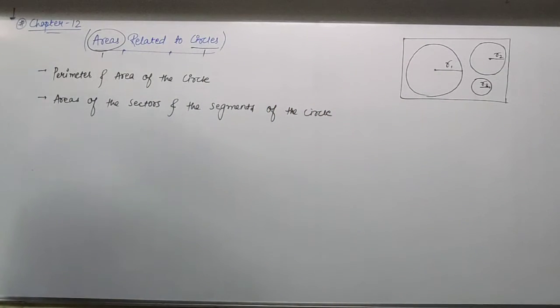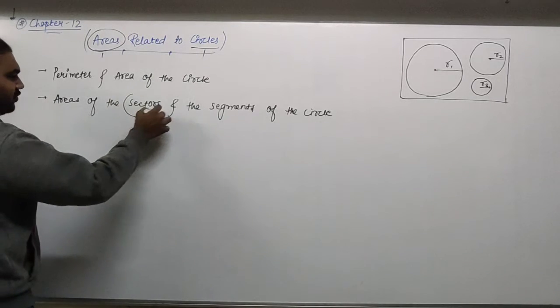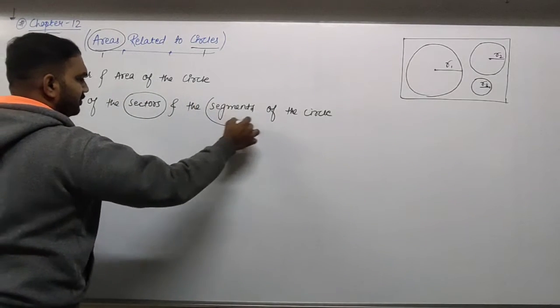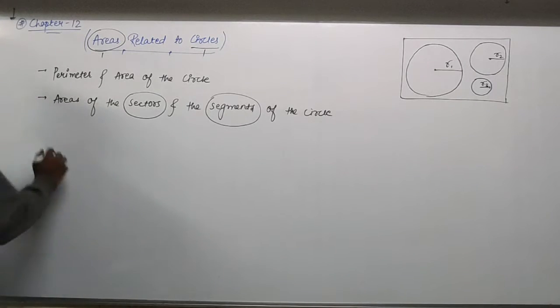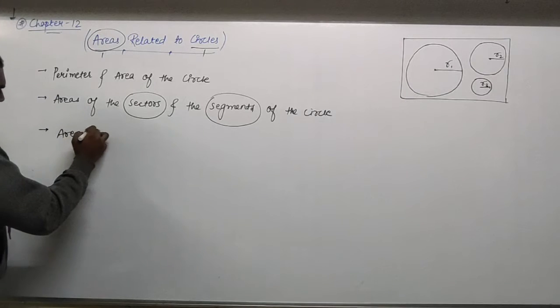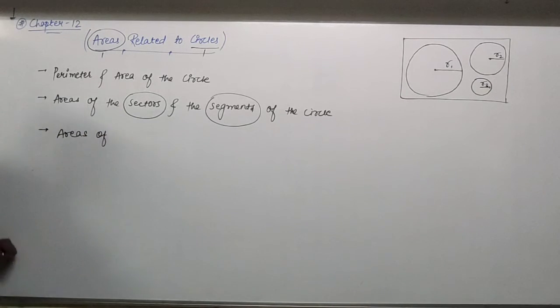This might be a new term for you: sectors and segments. You must have heard them before, but not in a mathematical sense, you must have heard them in some other terms. And the third thing we are going to find out is the areas of combination of plane figures.